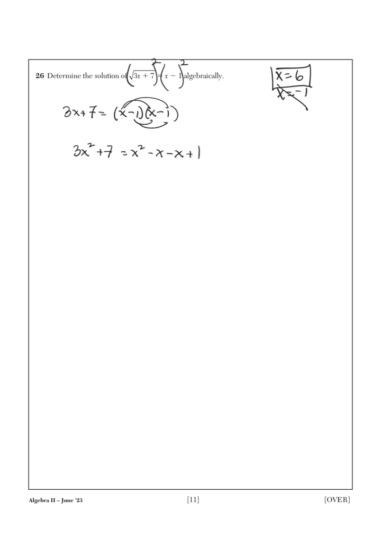Okay, so when I look at this, I see that I have an x squared here and an x squared here. So I like to get my x squareds together, and I like to bring the smaller one over to the bigger one. So I'm going to take all of this stuff and scoot it over here. But I do notice that these are like terms. So before I even do that, let me just rewrite 3x squared plus 7 equals x squared minus 2x plus 1.